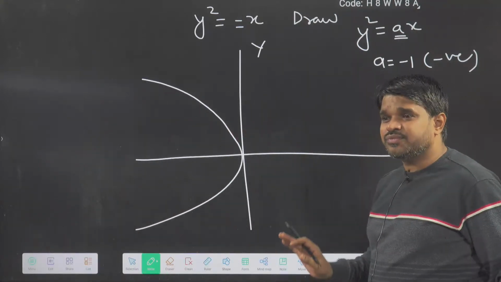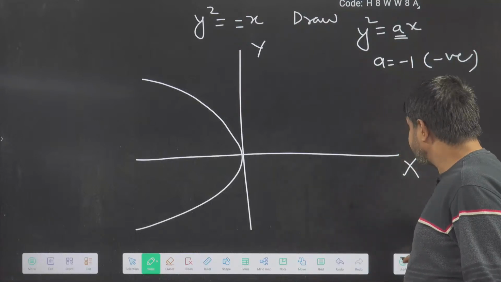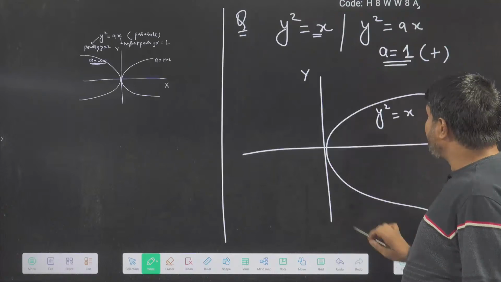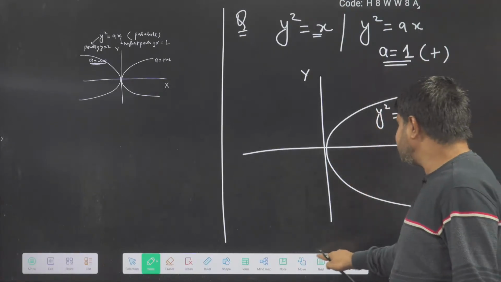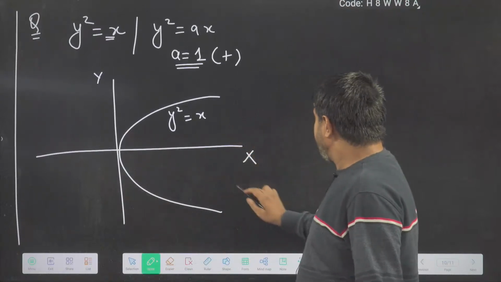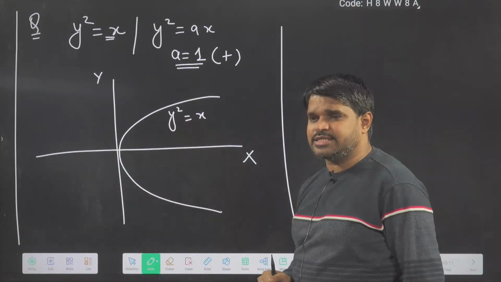See, try to understand one thing. Is this clear? From this graph, we will understand one interesting thing. This is the graph of y square equals x.